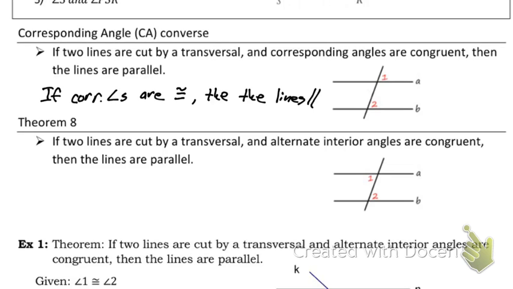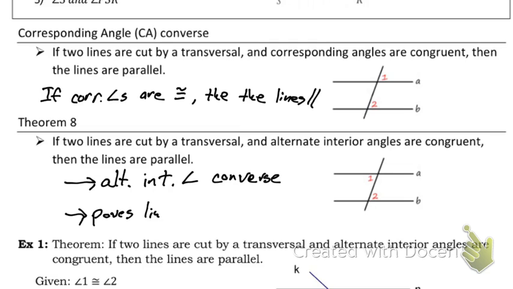So what I call this one a lot of times is our alternate interior angle converse. Once again, it proves lines are parallel.